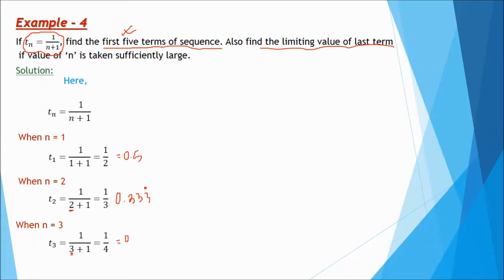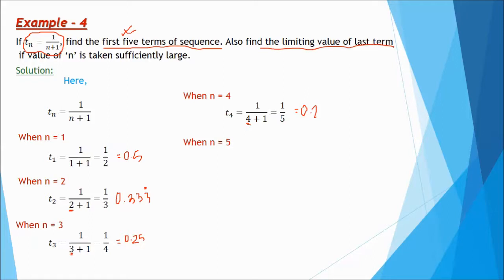Again, when n is equal to 4, T4 is equal to 1 by 5, and its value will be 0.2. Now it's decreasing.